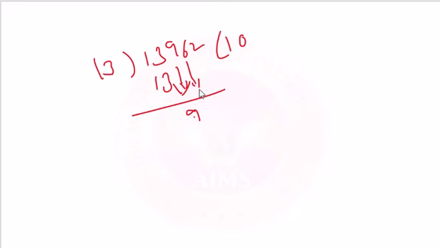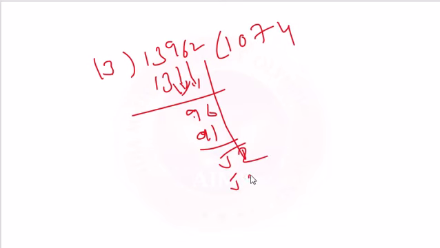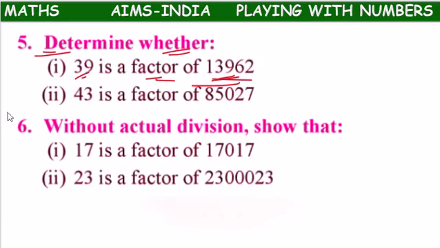Next number 6 we carry down, 96, 13 times 7 is 91, 5 is remaining. Next number 2 we carry down, 52, 13 times 4 is 52, remainder 0. As the remainder is 0, we can tell that it is a factor. 39 is a factor. Next one, you can do as homework. You can divide in the same way and find whether it is a factor or not.